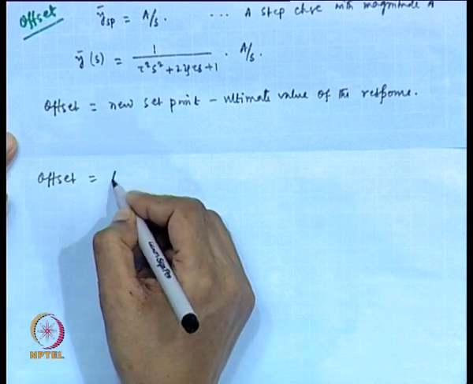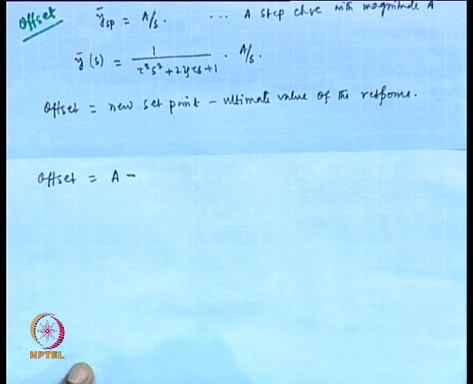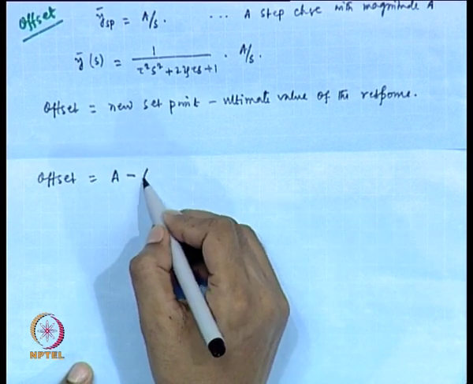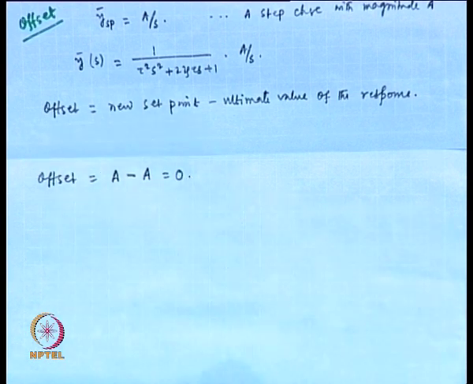So, new set point is A and ultimate value of the response is how much? A. So, offset becomes 0. Fine, the offset becomes 0. So, we can say that the integral control action can eliminate the offset.